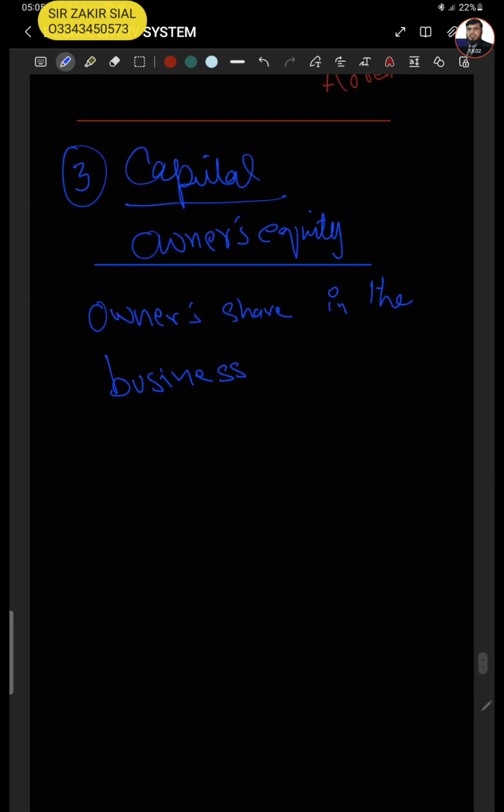Whenever the owner is investing in the business, he or she is taking the risk of profit or loss. The following things may affect the capital.